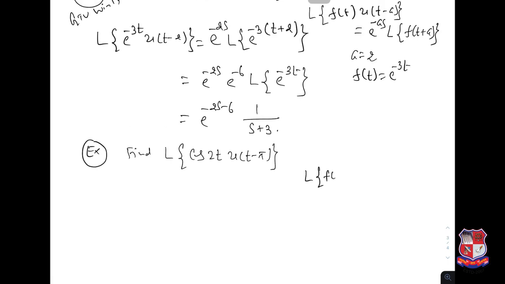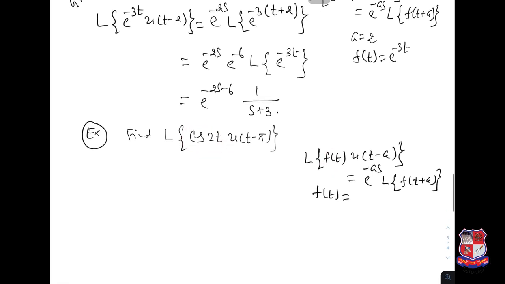Laplace transformation of f of t u of t minus a equal to e power minus as Laplace transformation of f of t plus a. What is f of t here? So f of t is cosine 2t. What is a here? A is pi.